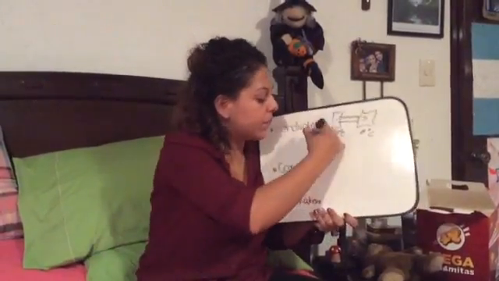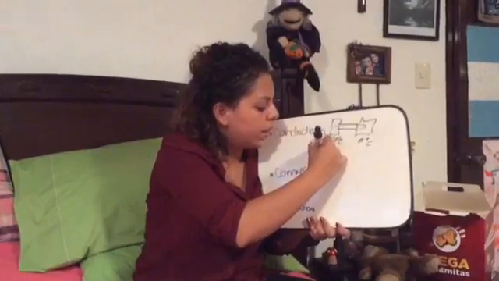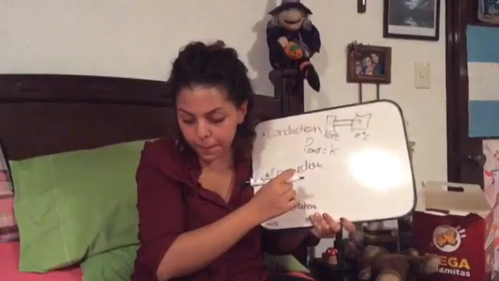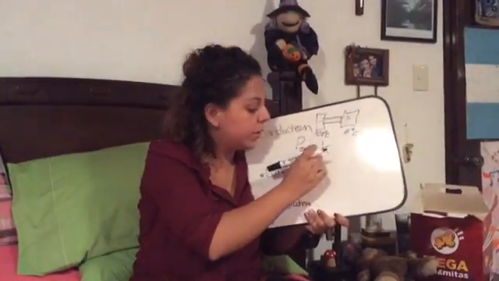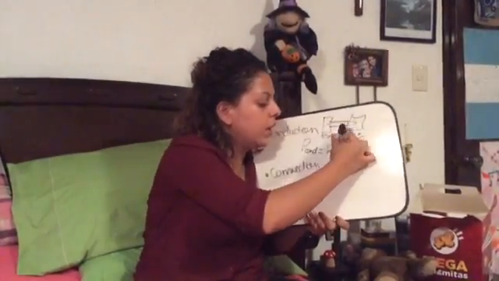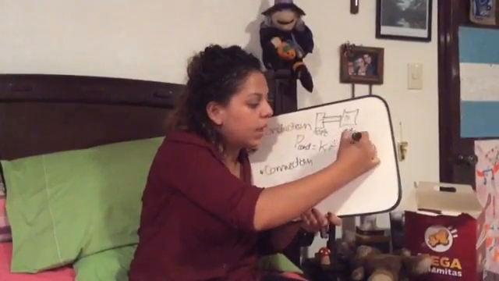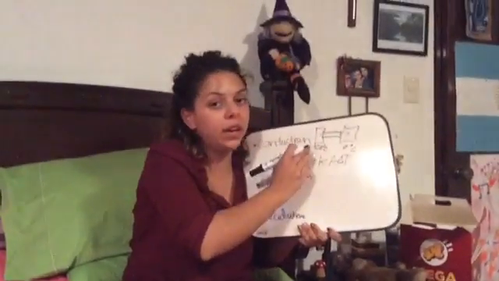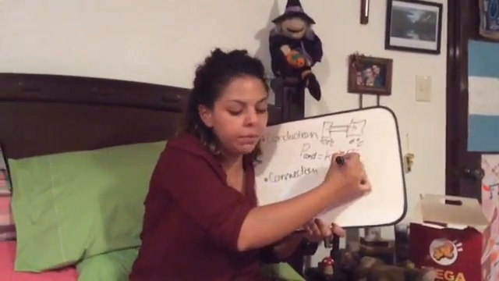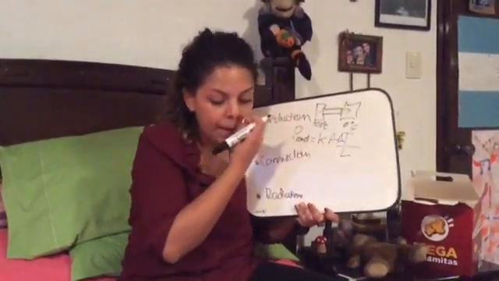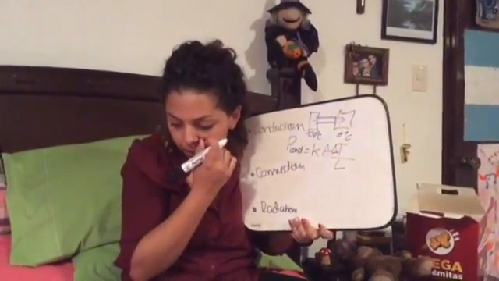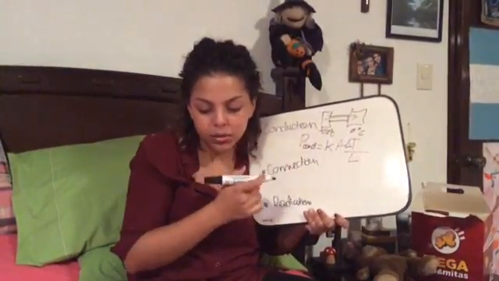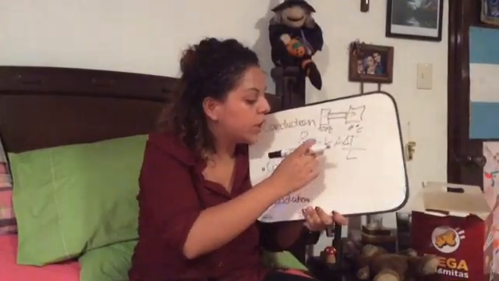And for this, we have the following formula to calculate the power of conduction, which is the thermal conductivity of each material, represented by K, times the area, times the difference in temperature, which will be the hotter one minus the colder one, divided by the thickness of the material, the length of the material.